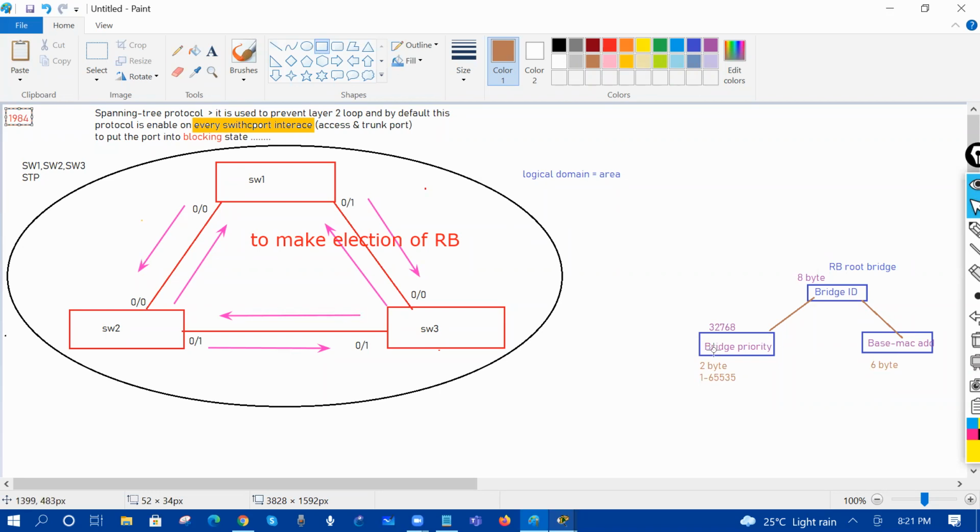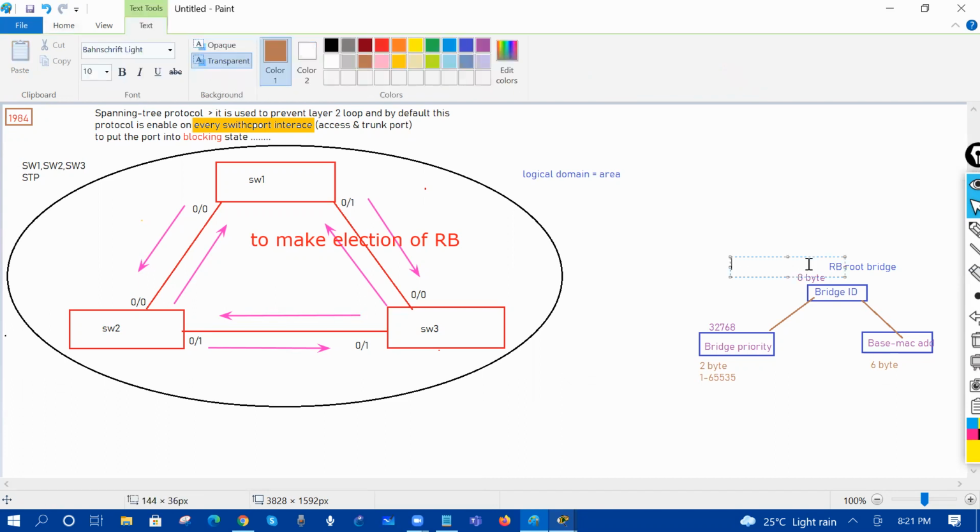So when I talk about the bridge, I'm talking about the switch. Bridge ID is information about the switch.